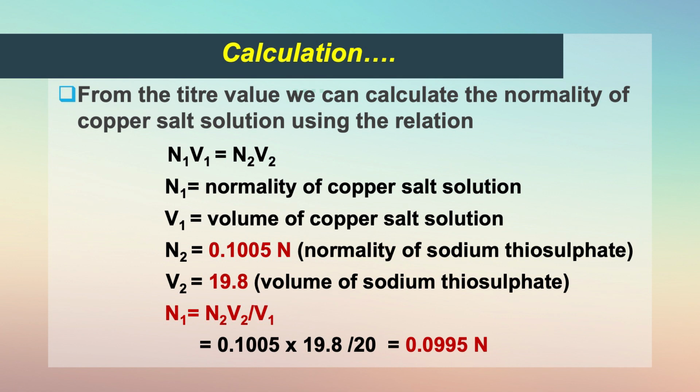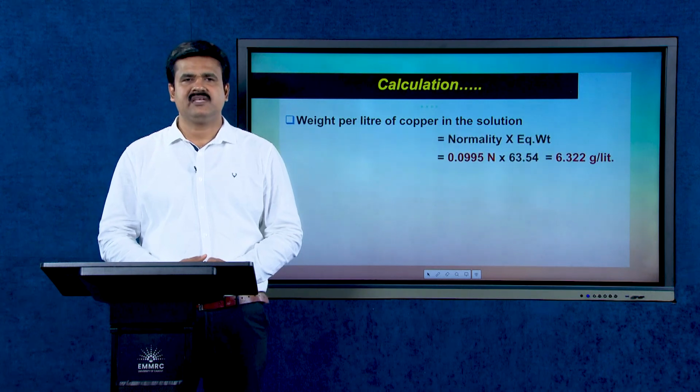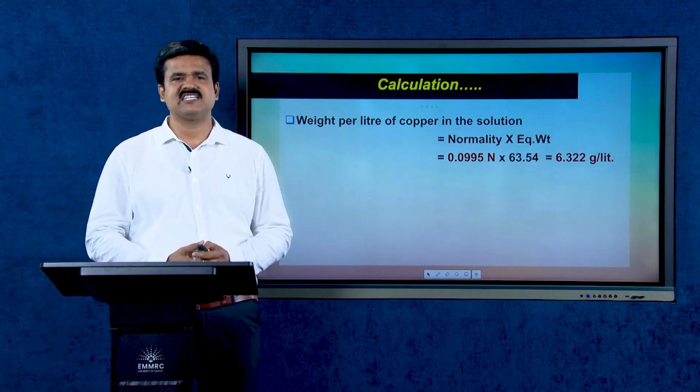V2, the titer value, is equal to 19.8, which is the volume of the sodium thiosulfate used, and N1 equals N2V2 divided by V1, that is 0.1005 multiplied with 19.8 and divided by 20. You are getting the normality of the copper salt solution as 0.0995 normal.